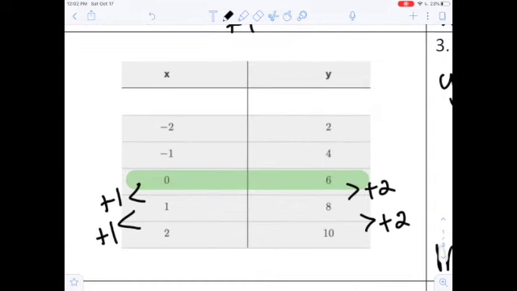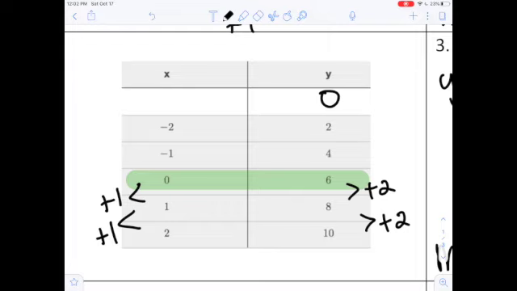Now, here's the thing. I don't see my x-intercept in my table at all. So what we have to do is what's called extending your table so that you can find that x-intercept. So let's refresh ourselves. If it's an x-intercept, then what has to be 0? Well, if it's a y-intercept, then the x has to be 0. So if it's an x-intercept, then the y has to be 0. Okay, let's see if that works.